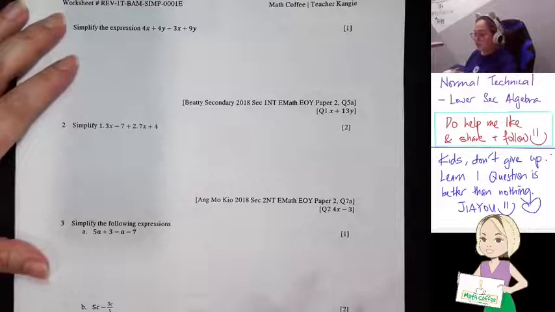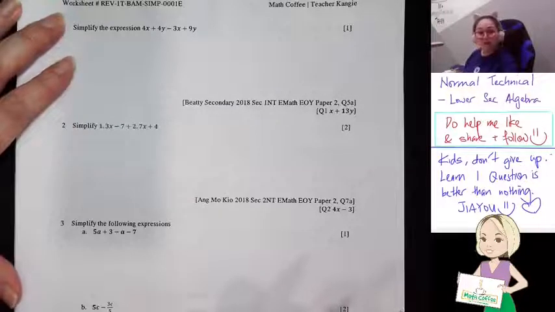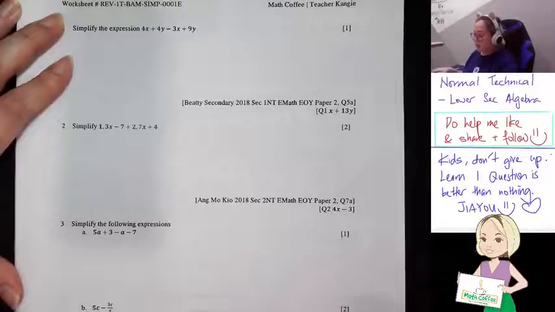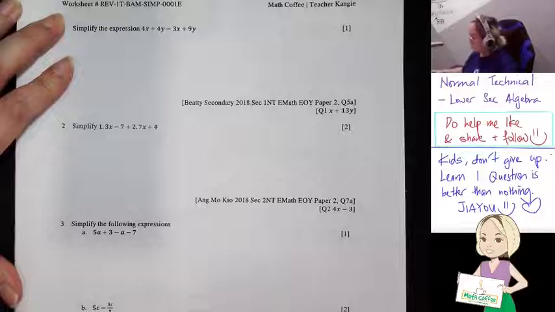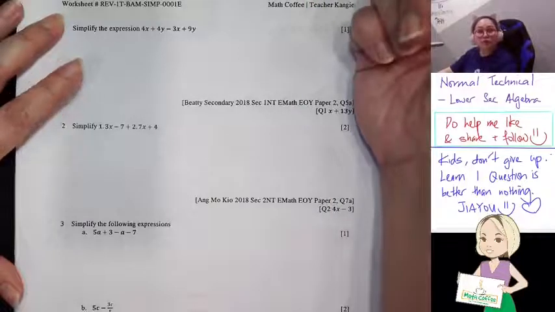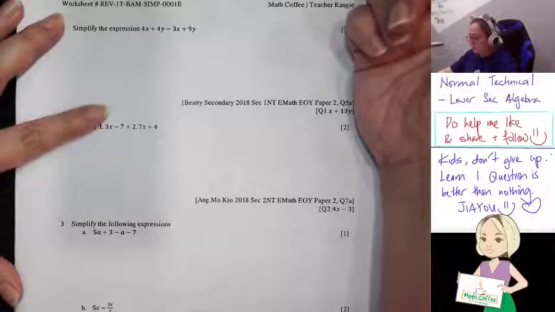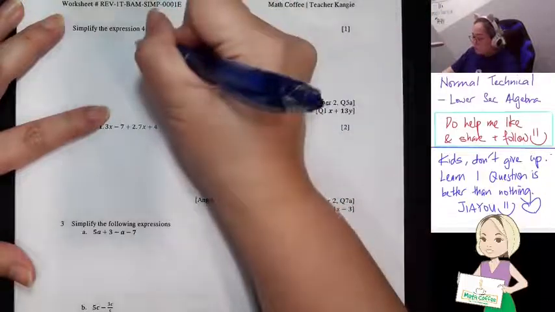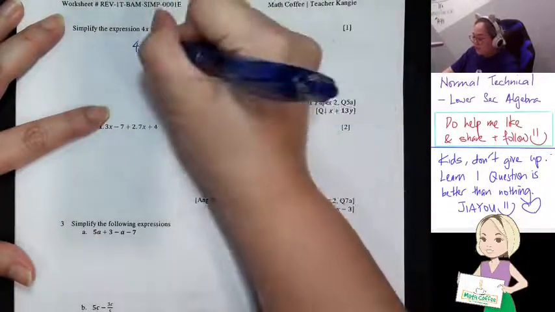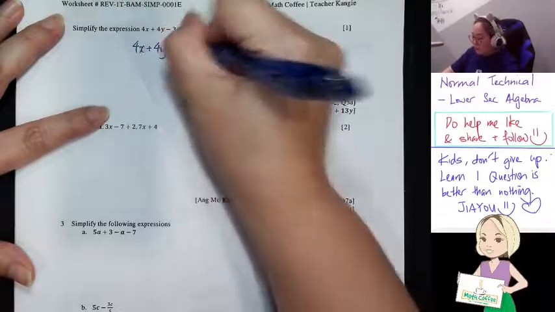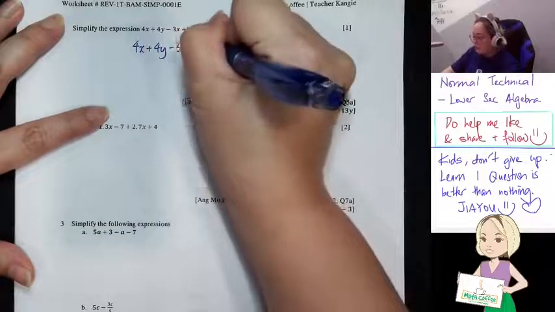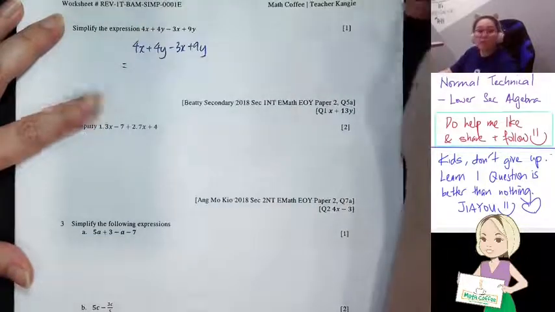Simplify the expression 4x plus 4y minus 3x plus 9y. I'm going to write the question here: 4x plus 4y minus 3x plus 9y. You need to group the like terms together.